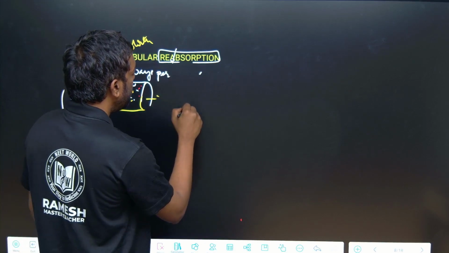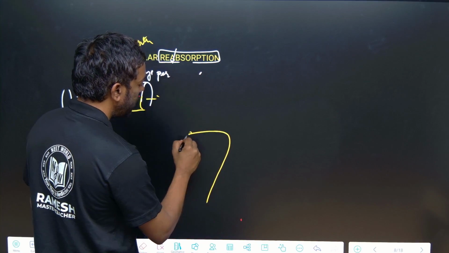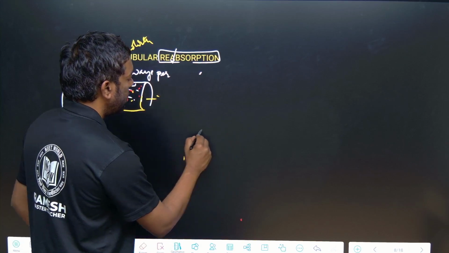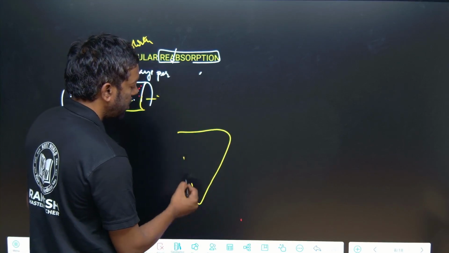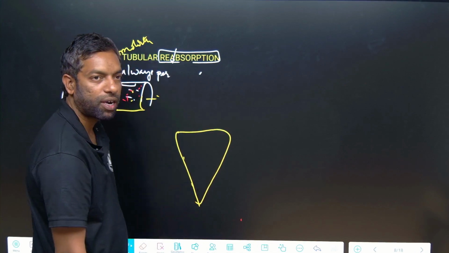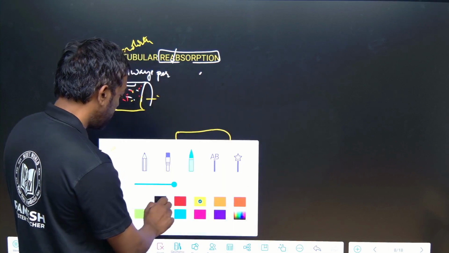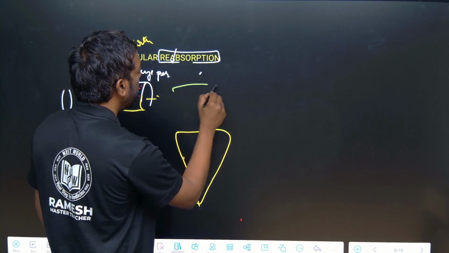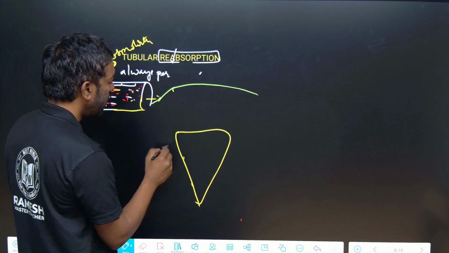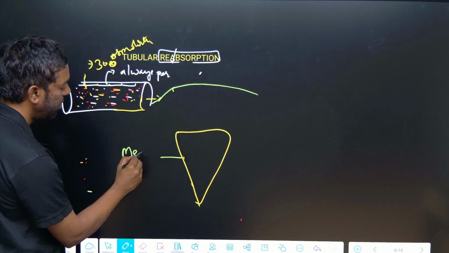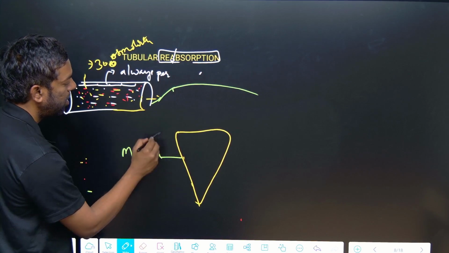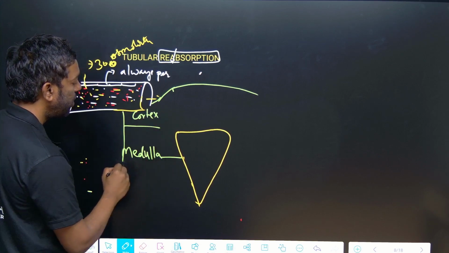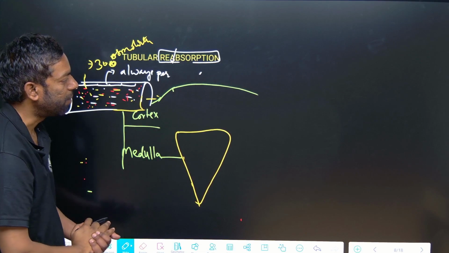This is the medullary part of the kidney, and this is the cortex part of the kidney. Medulla and cortex are the two regions in the kidney.